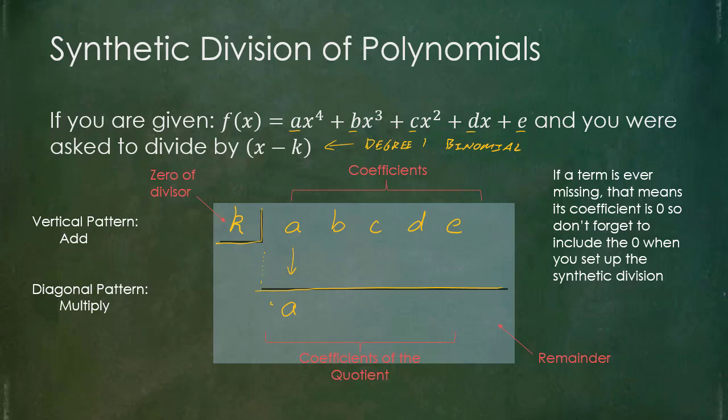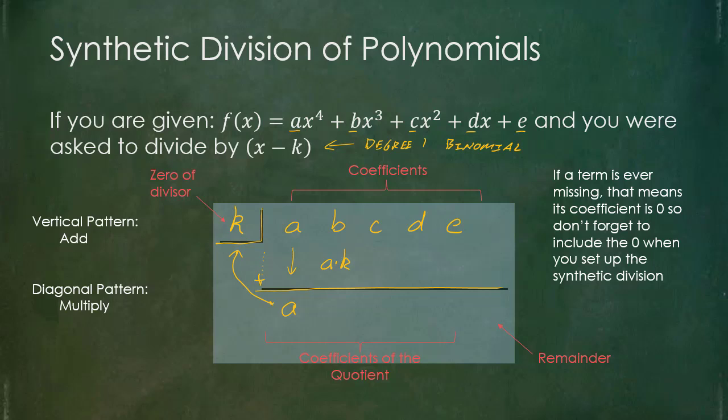Then I take whatever number goes below the line and multiply by the number in the box. So in this case that would be a times k, and then vertically I add. Everything vertically is addition, so there's less likelihood of a mistake with negative signs.